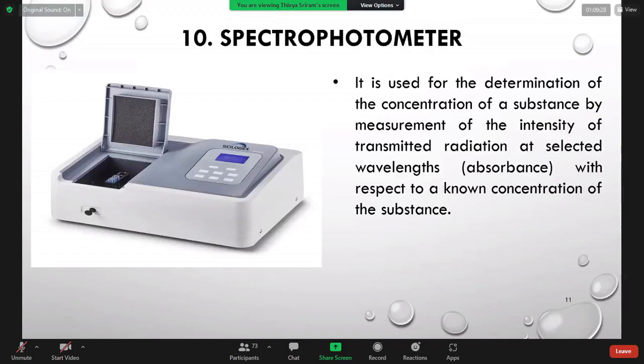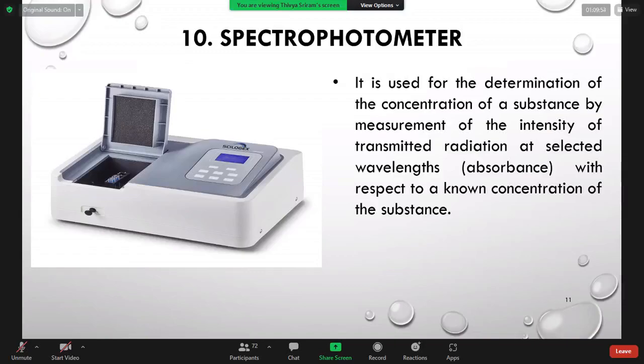We can set the wavelength in the spectrophotometer machine as well. After that, we will place the sample inside the spectrophotometer. We already know the concentration. After that, we can get the absorbance of that particular standard concentrated sample.